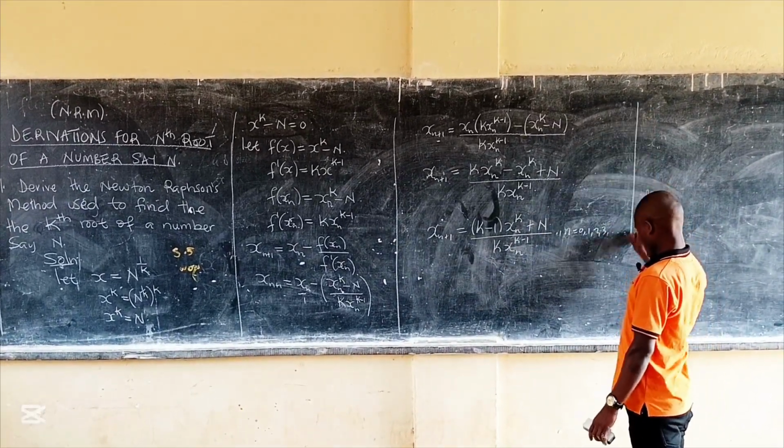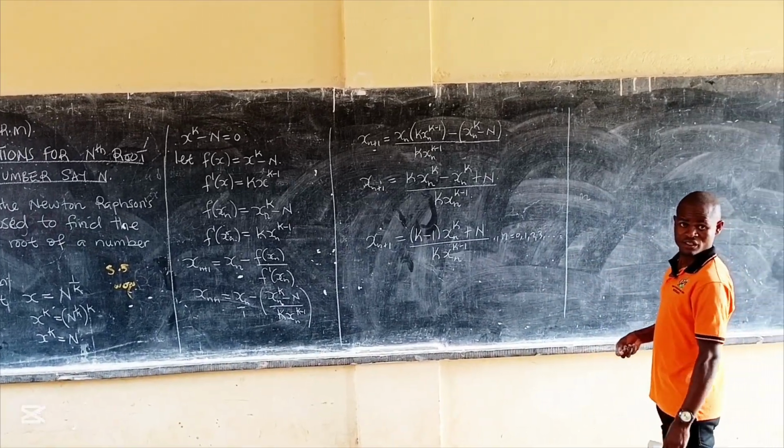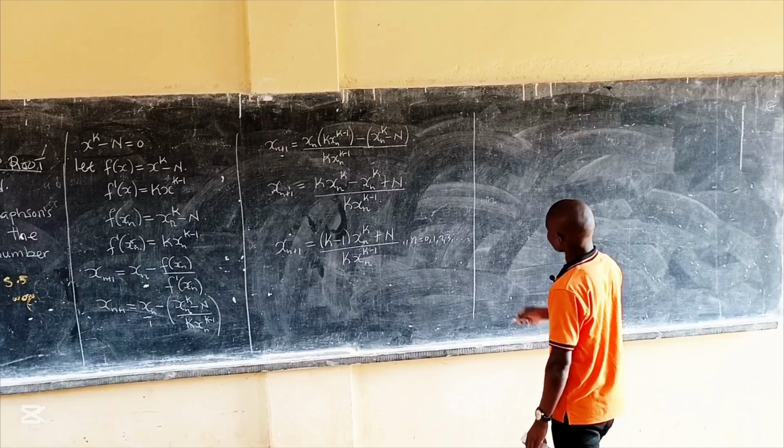So from that we can derive very many functions here, and I want to write them as proofs.